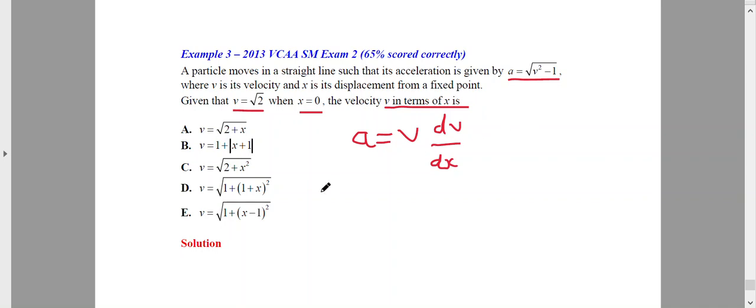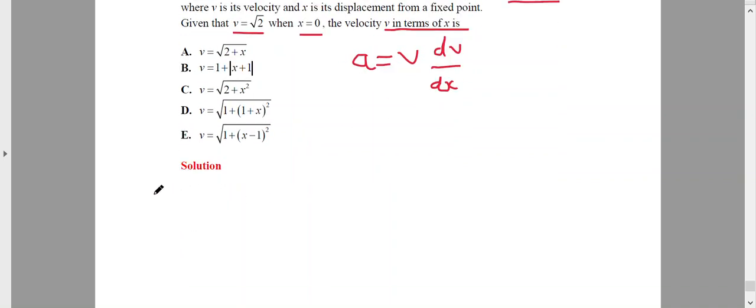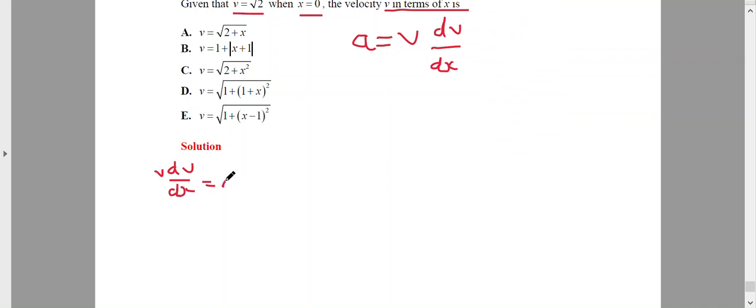Okay, so instead of writing the letter A in the question, I'm going to write v dv dx. So it will be v dv dx equals the square root of v squared minus 1.